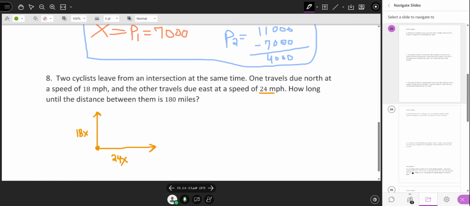Now, whenever they get 180 miles apart, so this is a right triangle. Pythagorean theorem again.